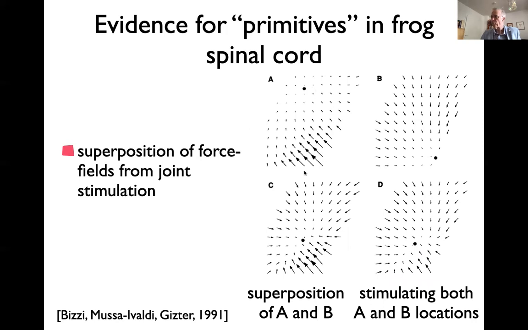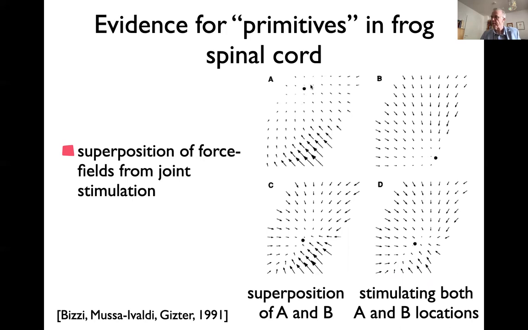That is, if you have this vector field and you start here, you would maybe converge here. If you start here, you would converge there, and so on. In particular, you also find that you can sometimes really predict the vector field when you stimulate at two locations at the same time.